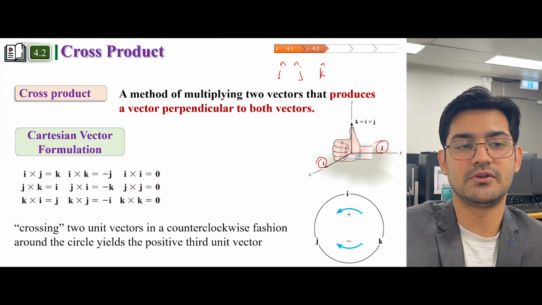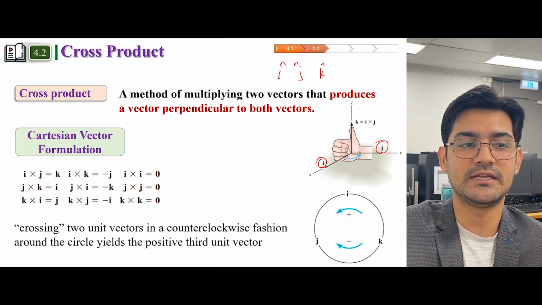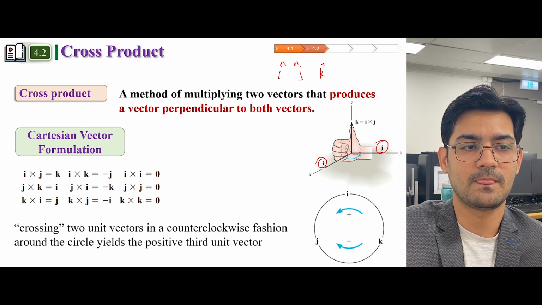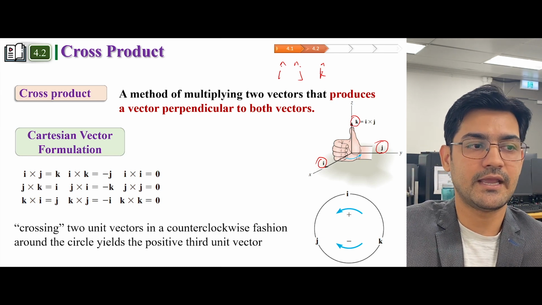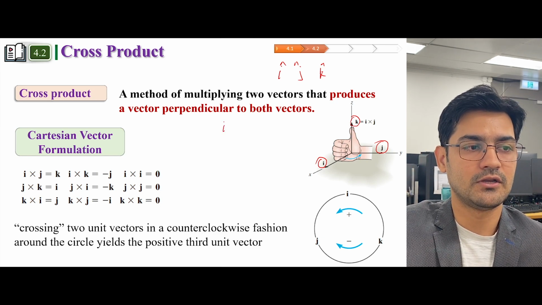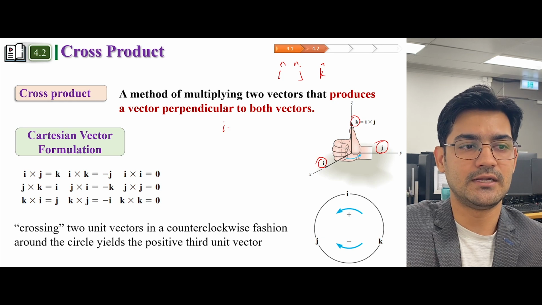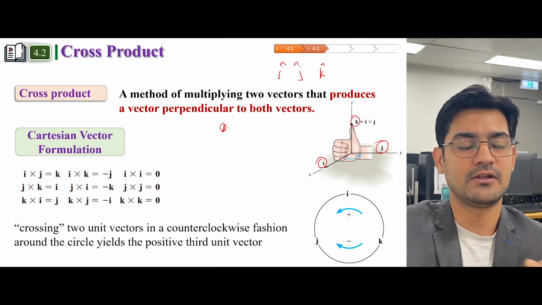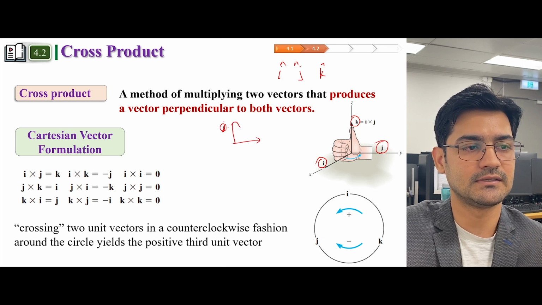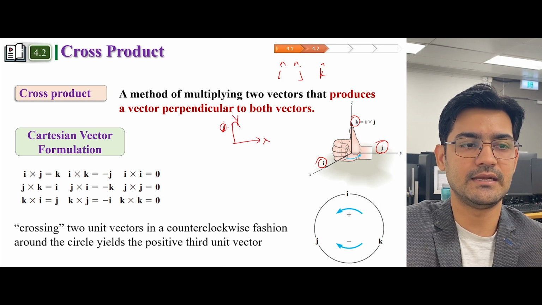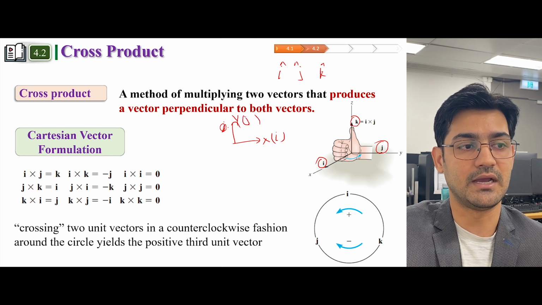Along the y-axis you can put j, along the z-axis you can put k vector. In the case of cross product, if two vectors are multiplying and the two vectors are on different axes, for example x-axis and y-axis, on the x-axis you can represent it by i, and on the y-axis you can represent it by j.